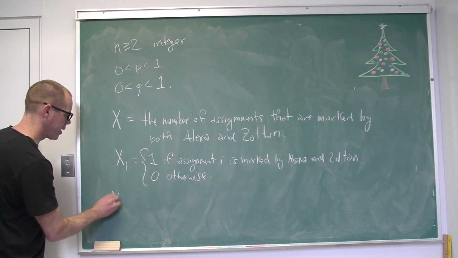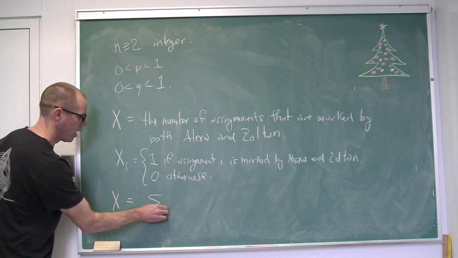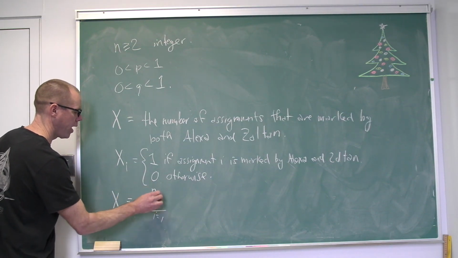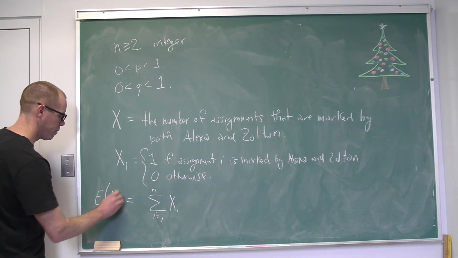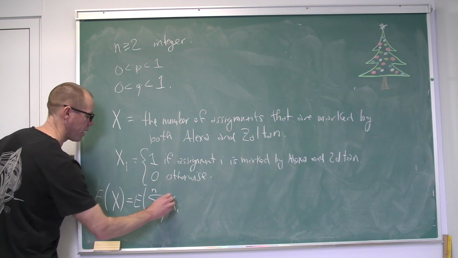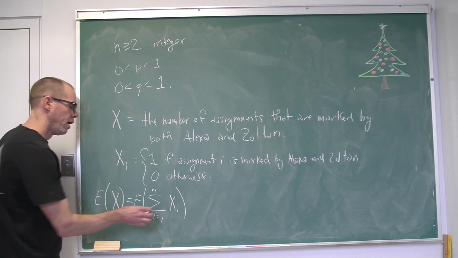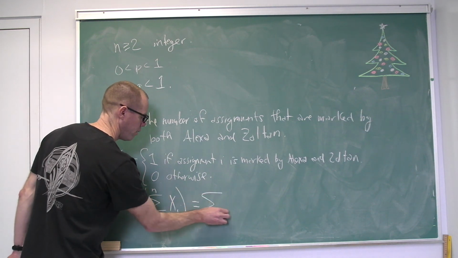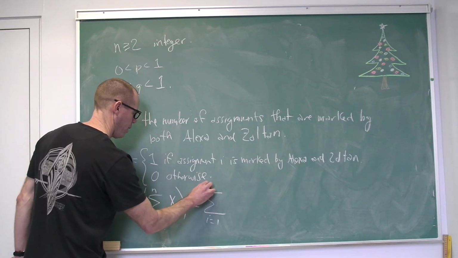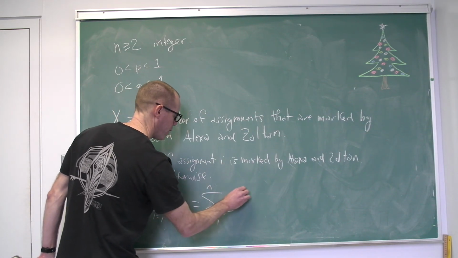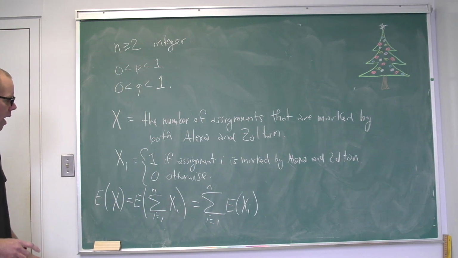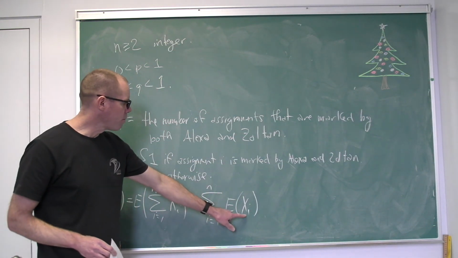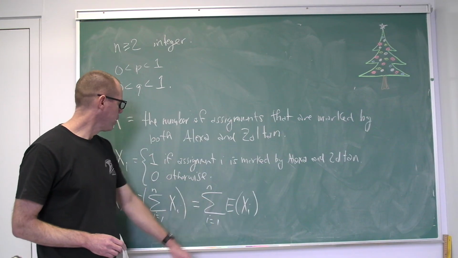Then, of course, x is just the sum i equals 1 to n of xi, and therefore the expected value of x is the expected value of that sum. As always, we take the sum of the expected values. And so now all we need to do is figure out what's the expected value of xi.